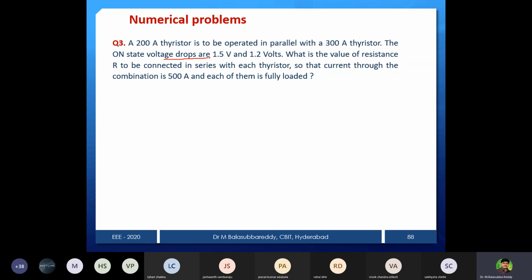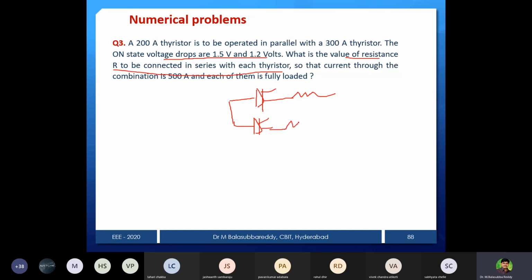And the on-state voltage drop is given: VT1 is 1.5 and VT2 is 1.2 volts. What is the value of resistance R we need to connect in series with each thyristor? They mention 2 thyristors, this is thyristor 1, and we need to connect a resistor. In a similar fashion for thyristor 2, but their ratings are different.